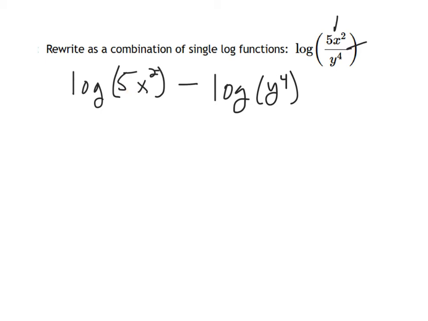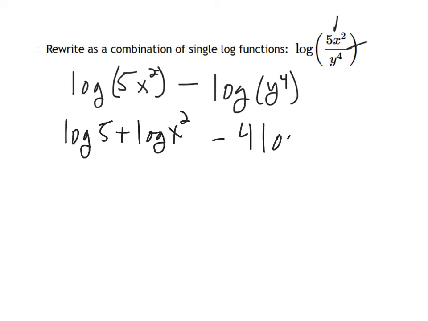Now I see a product, so I'm going to write that as a sum. So log base 10 of 5 plus log x squared. And let's work at this other one. I see an exponent, so I can write that down in front of the logarithm. So 4 log y. Now I'm going to do that same thing here.